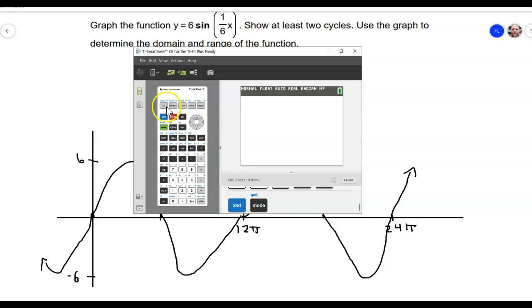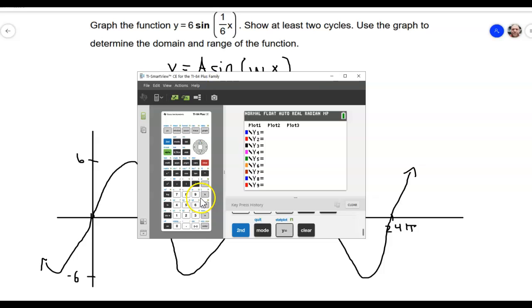Let's go up to y equals, clear that out, and I'm going to do 6 sine, put in parentheses 1/6 x, and close parentheses.